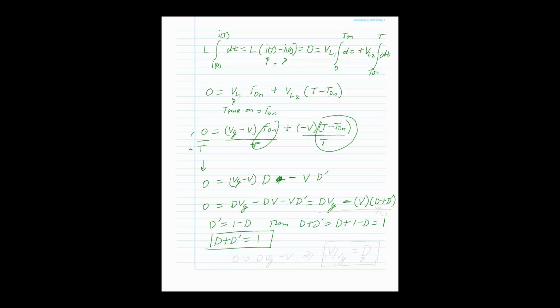So now we come back to this equation, and we have 1 here, and therefore we have 0 is equal to DVg minus V, and we have our transfer function, which means that V over Vg is equal to D. And that's what I promised you, that for a buck converter V over Vg is equal to the duty cycle.